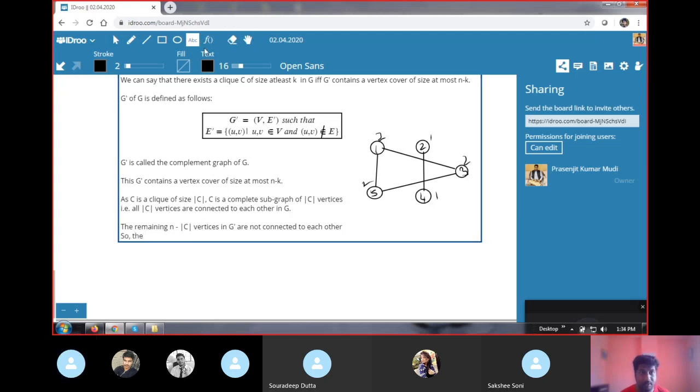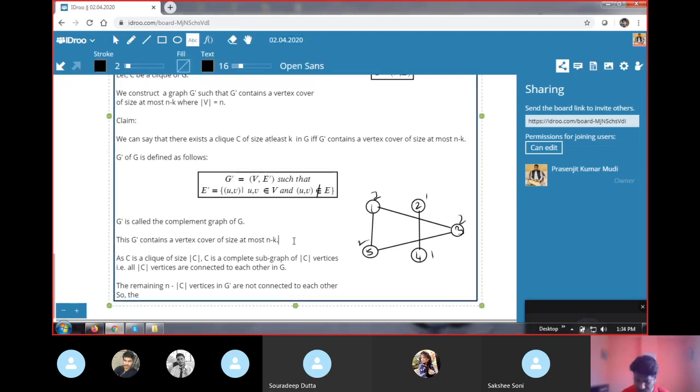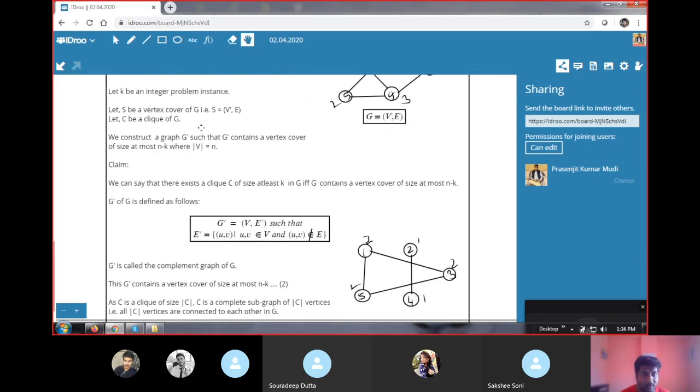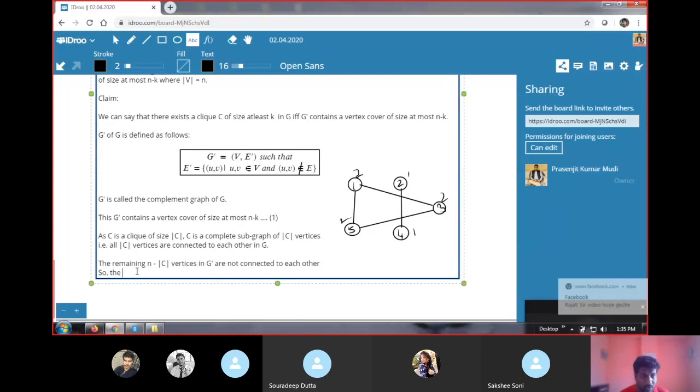The G contains a clique, this is a given clause. So the vertices in G dash are not connected to each other.